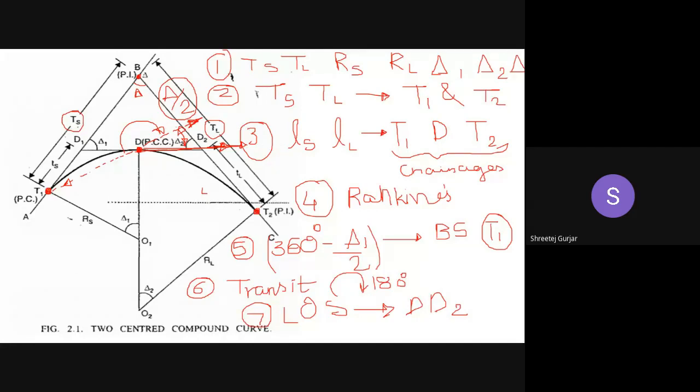When you set it at T1, your first sight will be in the direction of your tangent. Then from this tangent, you draw your deflection angles. Because of that, you have to first orient your line of sight in this particular tangent direction, that is D2. So that is why we are doing these steps.